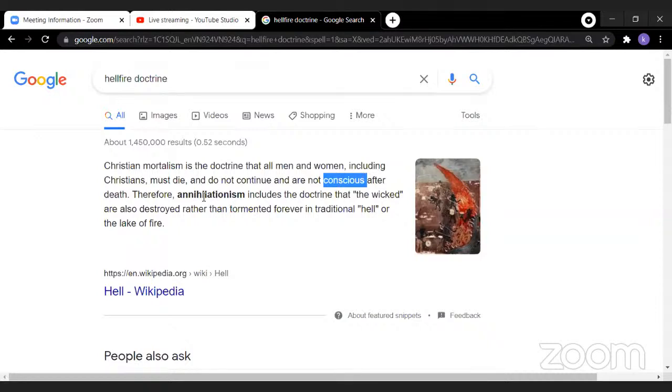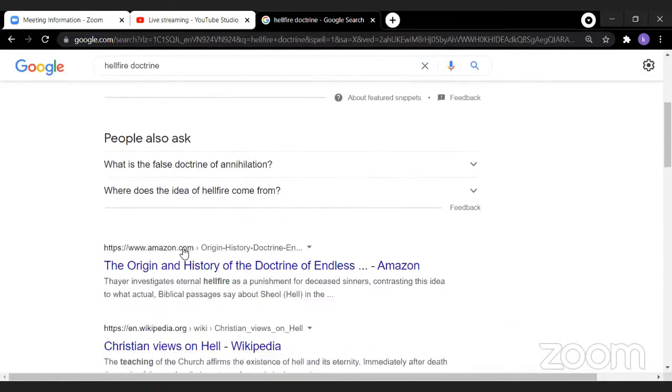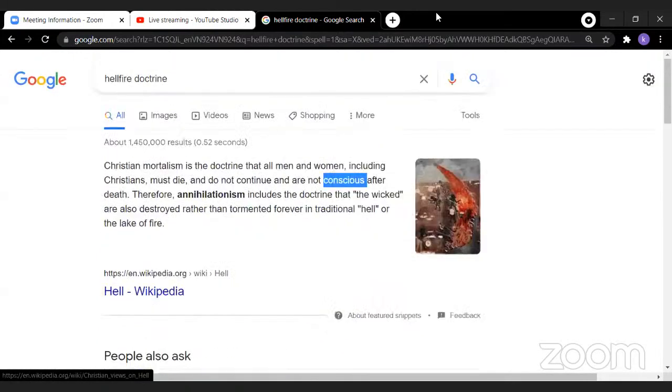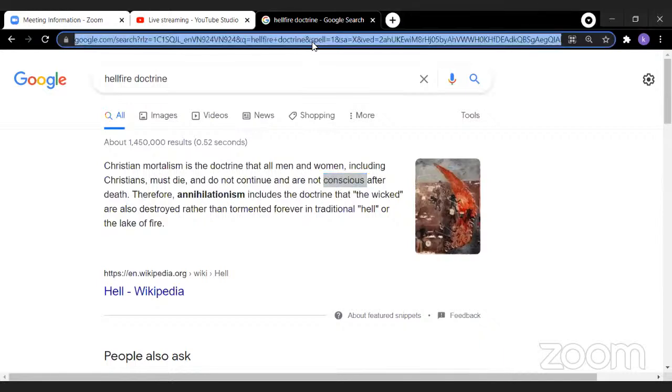Therefore, annihilationism includes the doctrine that the wicked are also destroyed rather than tormented forever in traditional hell or lake of fire. So let's see. The origin, Christian view on hell. Let's go to somebody's religion. I don't know.